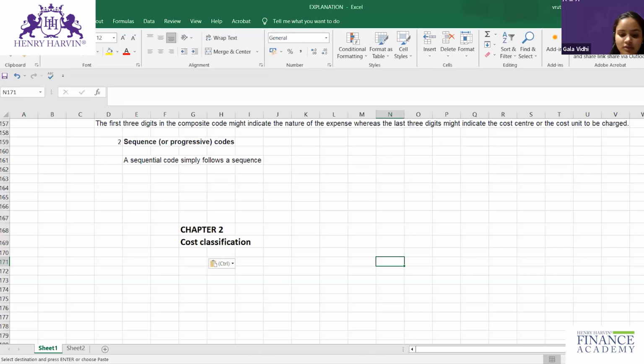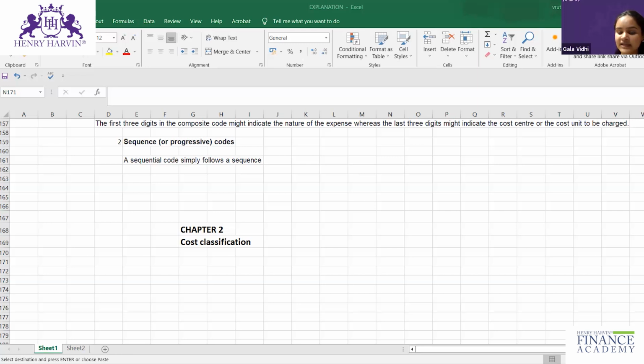Your first cost classification is production cost and non-production cost. First, let's understand that cost accounting is used for three things. First is preparing your statements, that is budgeting, cost card, and everything. Second is cost data collection, like what type of cost is there and how much price it is taking.